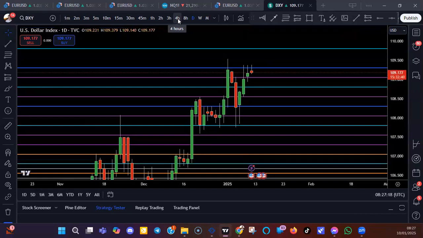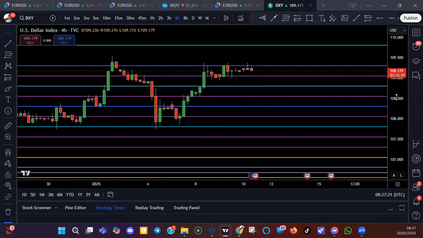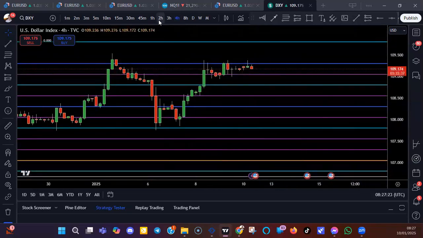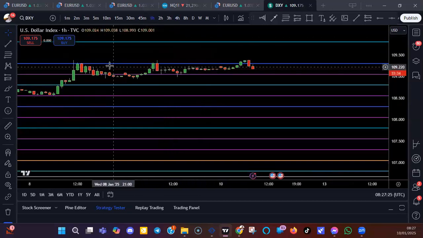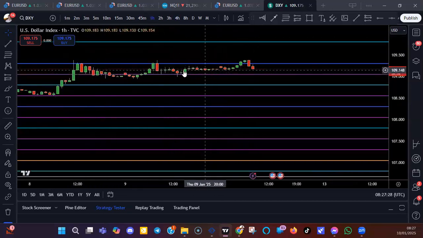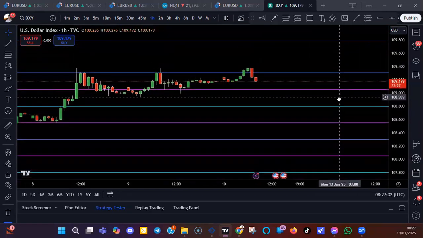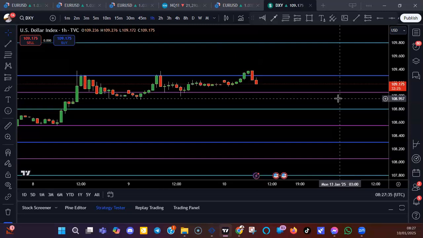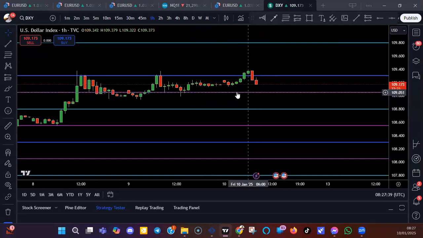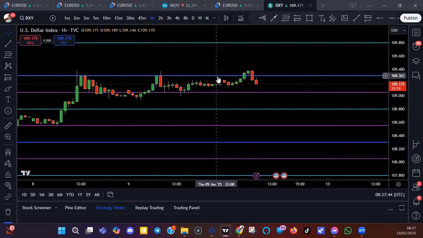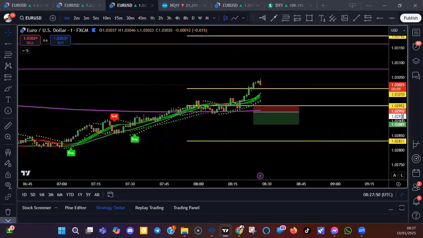So we go down to the 4 hourly, and it's more or less going sideways at the moment because we were in the Asian session. Now we're down on the hourly. And we possibly could be coming down to these areas down here, which means the EUR will be rising. Could be rising.